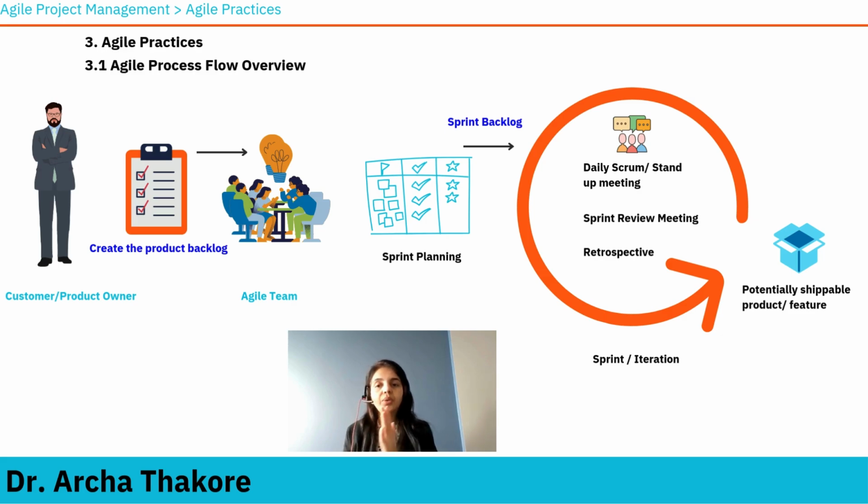So, first of all, you have your customer slash product owner, because product owner is someone who is in charge of end to end value creation and they represent the customer. We'll talk about them later on. So, your product owner creates product backlog. Product backlog is list of all the features that your project needs to work on or develop.